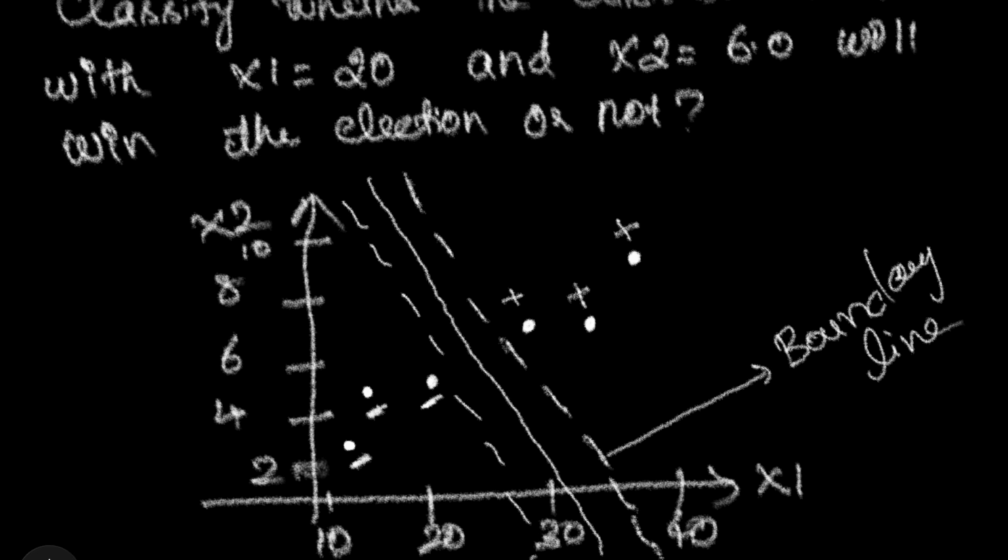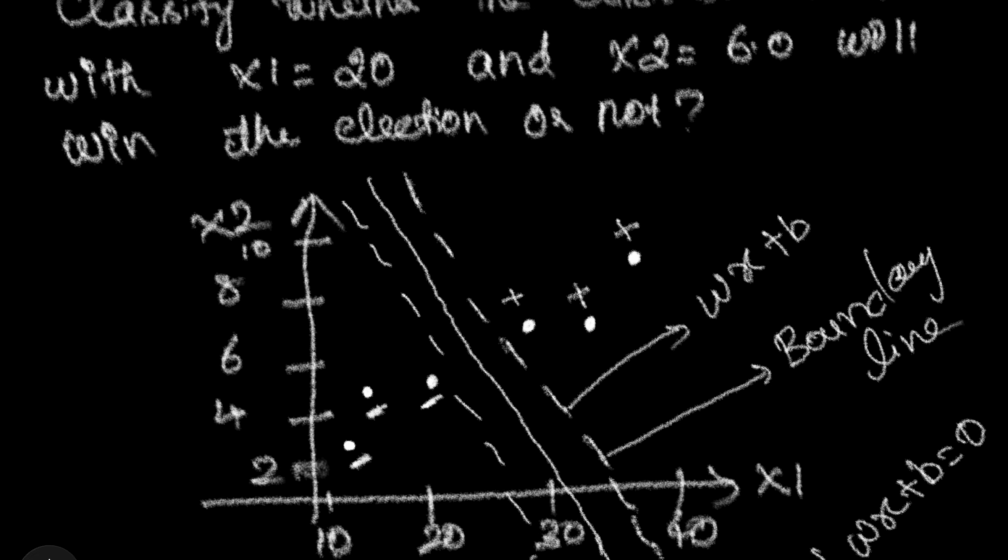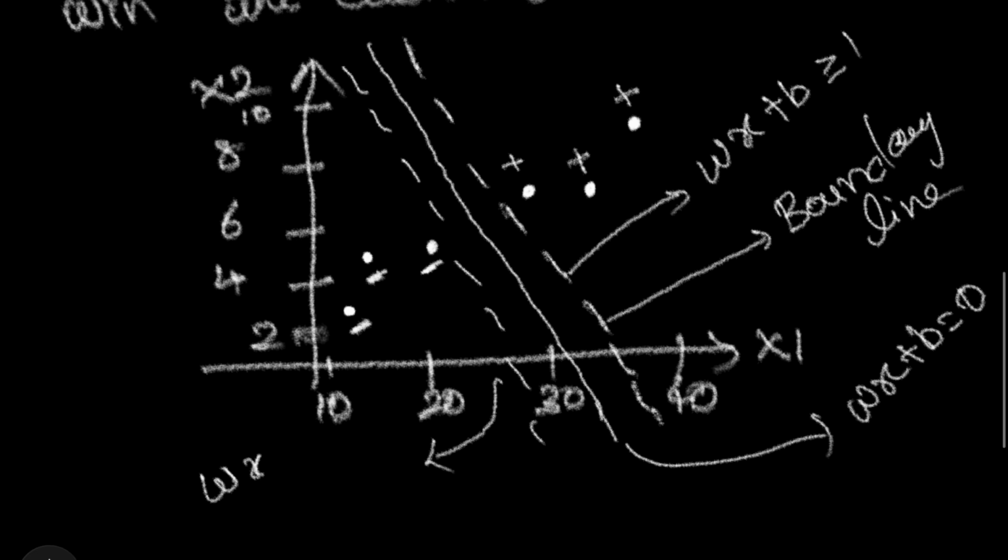Now if I want to write the equation for the boundary, it is Wx plus b equals 0, and the margin line equation is Wx plus b greater than or equal to 1 since it is positive. And for the negative margin line we can write it as Wx plus b equals minus 1.